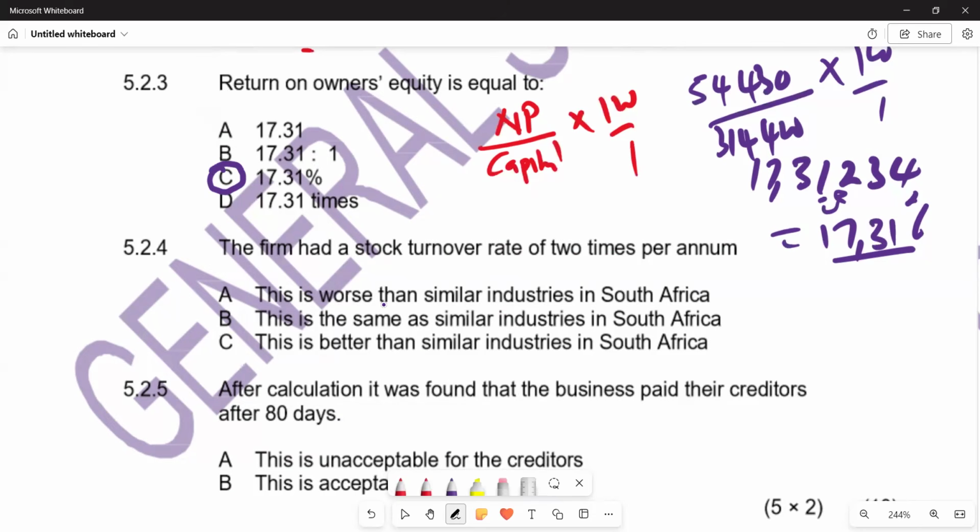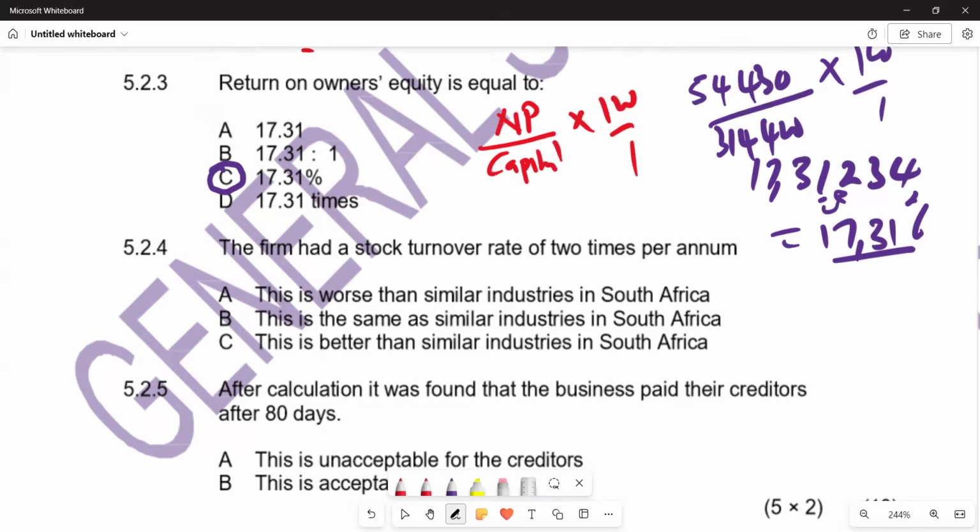And then you can also use some firms that are in the same industry with us and at the same level with us, so that we can compare, are we doing better or worse than what our competitors are doing. So here we've got two terms. So we'll go back to the question to see what hint are we given in the question that we can be able to interpret this stock turnover rate.